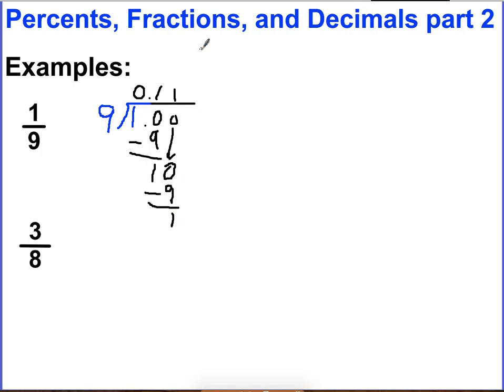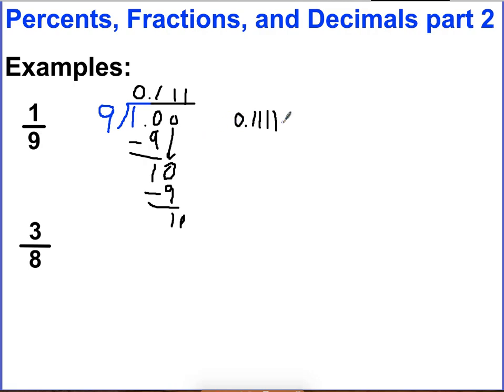So this is going to keep repeating. So we have another 0, and then it's going to go in once. So really it's 0.111, and it goes on forever. So I'm going to write 0.111, and this pattern continues on for eternity. So I'm going to pause there. We can draw a bar over the top. We'll do that at the end for our final answer.